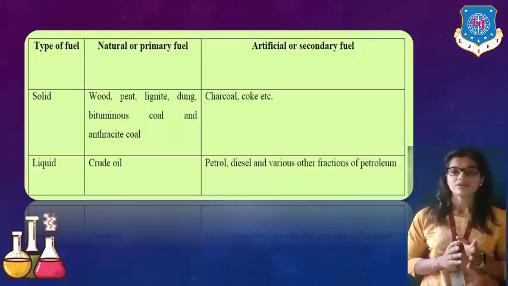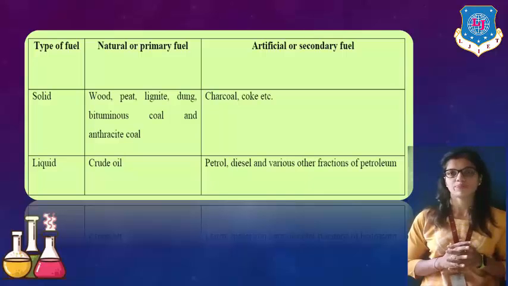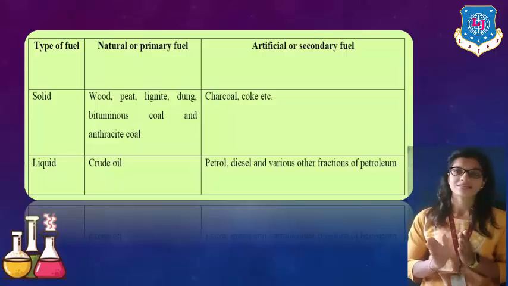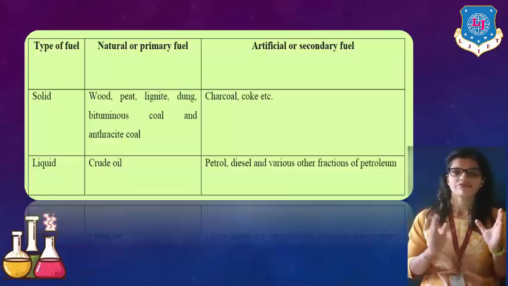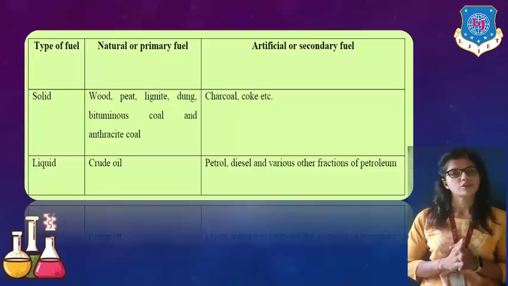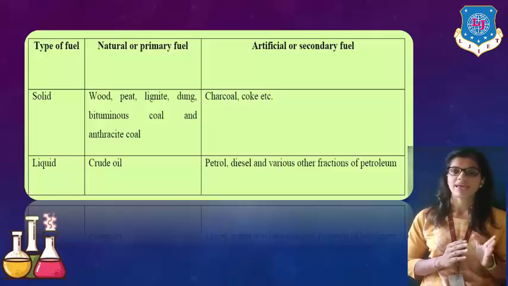Now, after deciding what the actual meaning of artificial fuel is and what the actual meaning of natural fuel is, how can we get an idea that this is an artificial one and this is a primary one? So we have put together a table with which we can study that. In that PPT, you can see that we have divided it into three different columns.